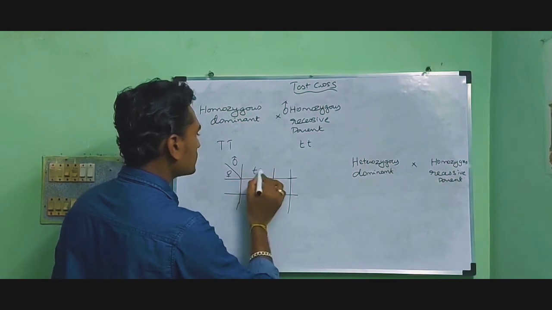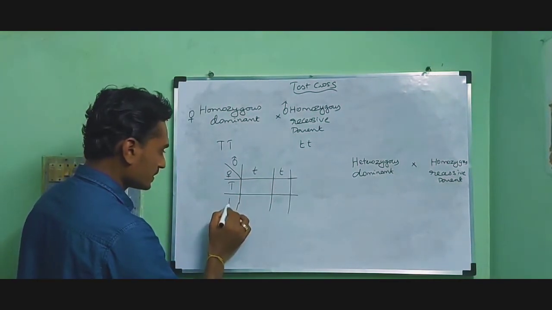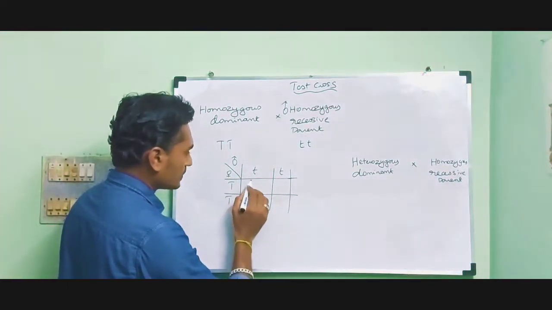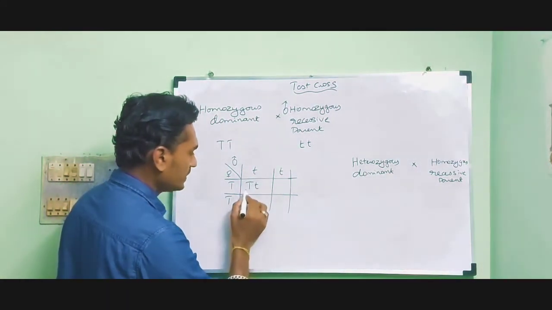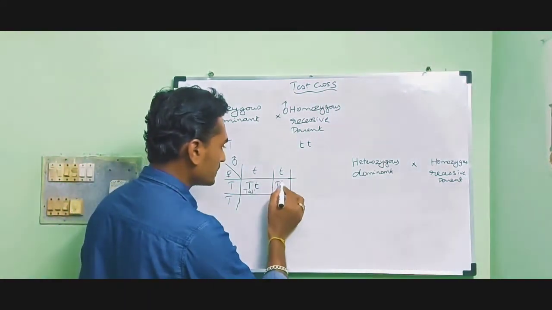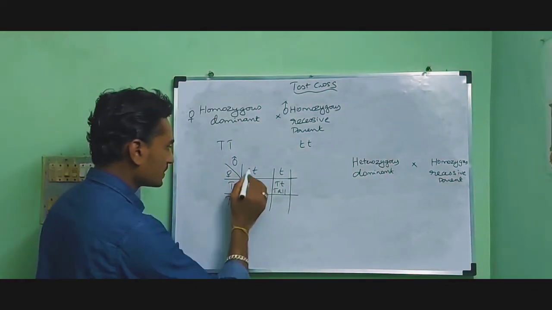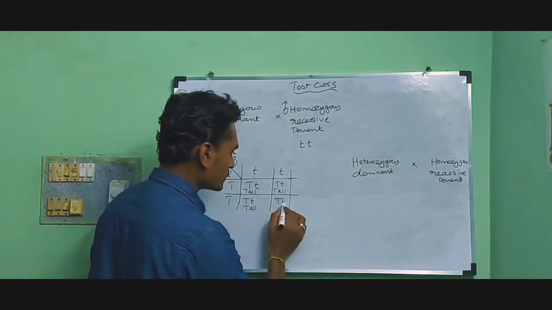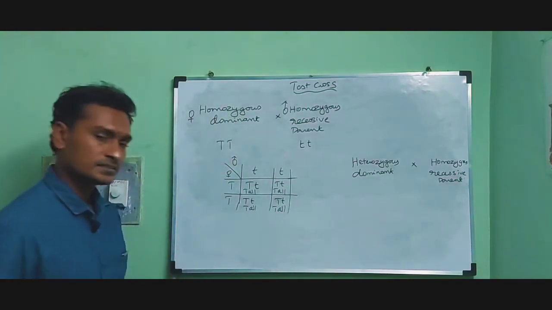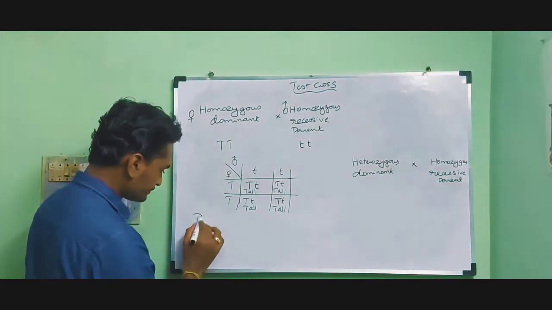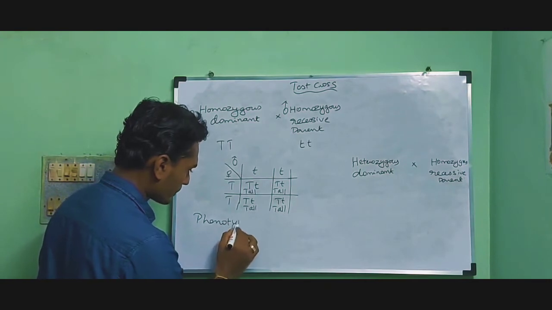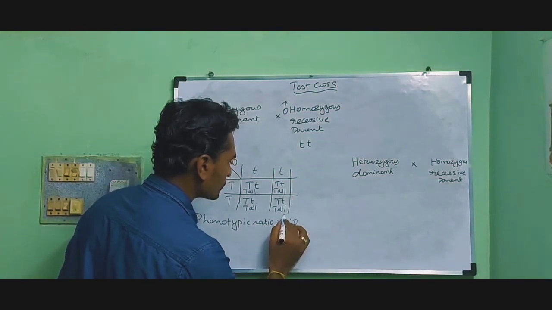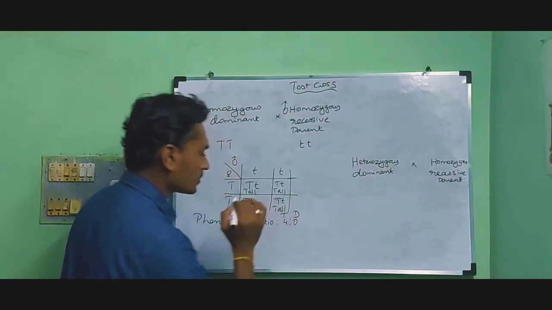The fusion of gametes takes place and it produces capital T, small t, a tall plant. All four offspring are capital T, small t and produce tall plants. Then the phenotypic ratio would be 4:0: 4 tall plants and 0 dwarf plants.